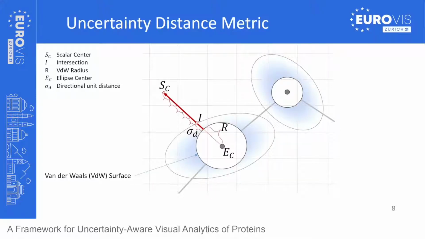Now the distance between the van der Waals surface and the scalar center can be divided by this unit vector, retrieving the final distance in terms of directional unit distance. It should be noted that sigma d degenerates to the root mean squared deviation in case of an available B value.